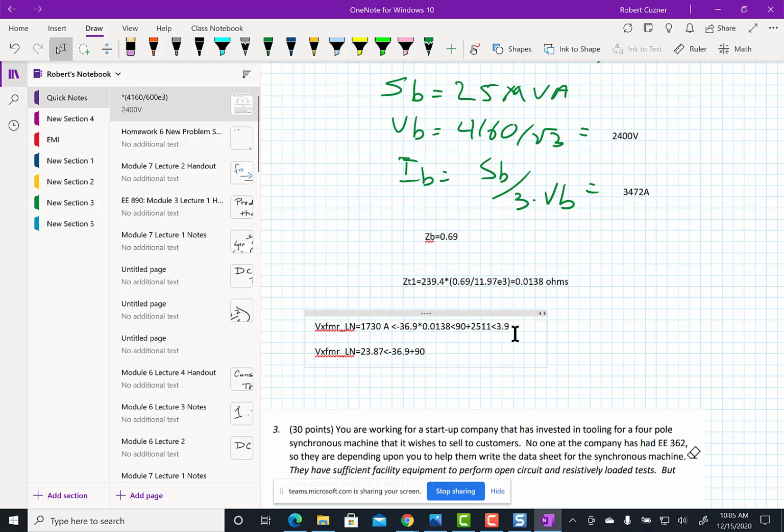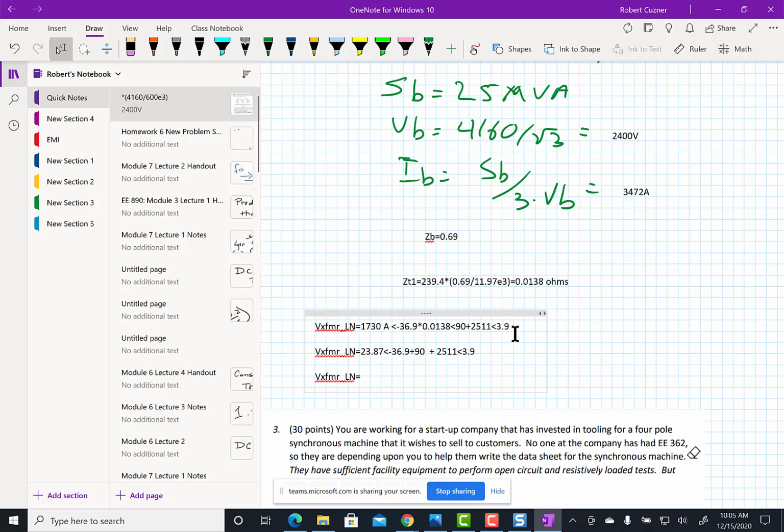Okay, I've got that at 90 degrees, and then plus the 2511 at 3.9, and then convert everything to Cartesian.